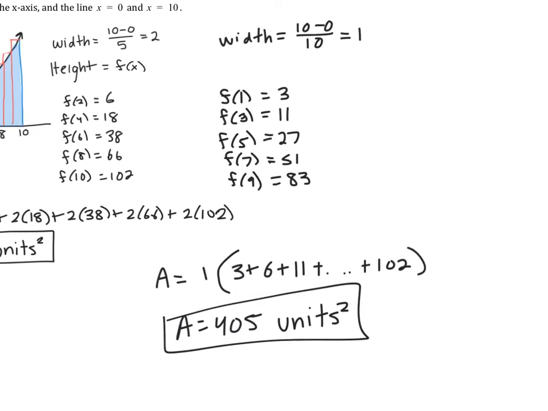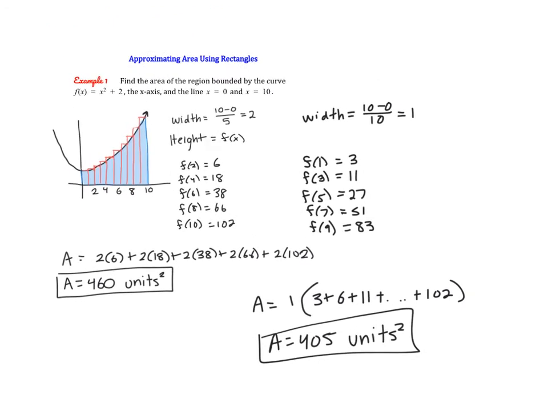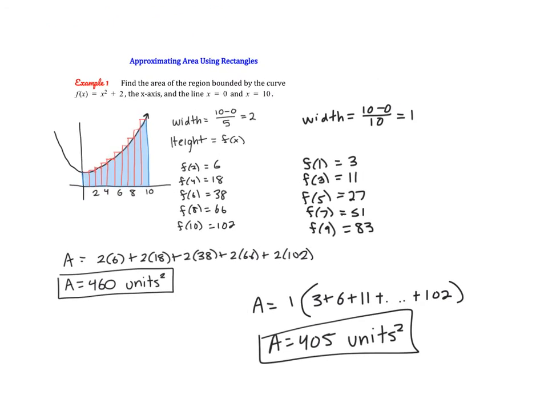So while we know that this is still an overestimation because we still have this part up top that's not really under the curve, if you compare those two, just by doubling the number of rectangles that we already have, a much better approximation. So the main idea that I want you guys to take from this is that the more rectangles you have when you're approximating the area under a curve in this way, the more accurate your approximation will be.